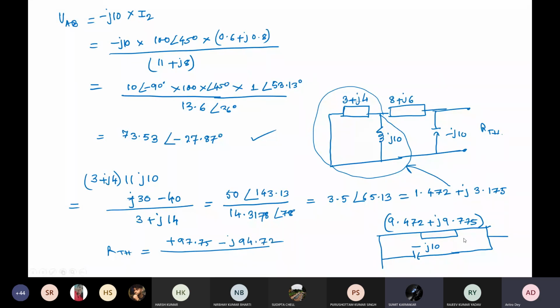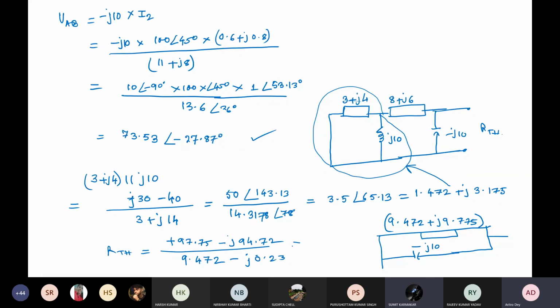So this is in the numerator, and in the denominator we should add it up. So we'll get 94.72 minus j, a very small quantity, so it is supposed to be 0.23 something. So we can almost ignore that.